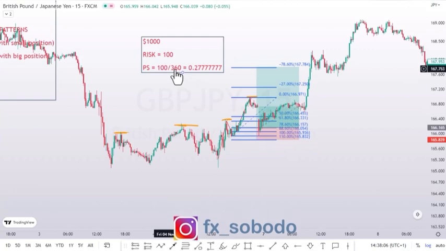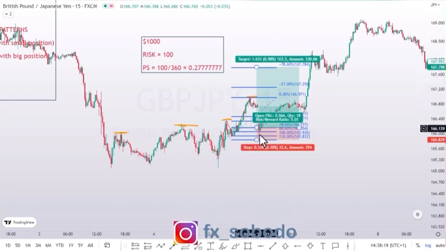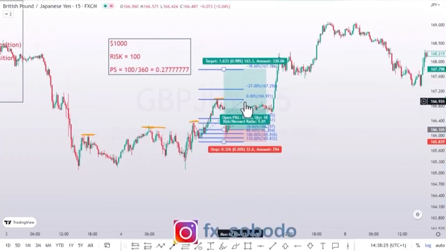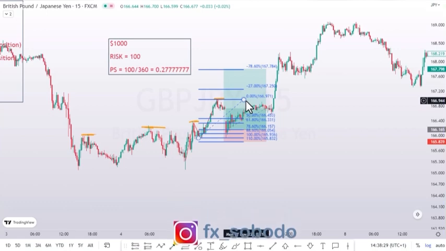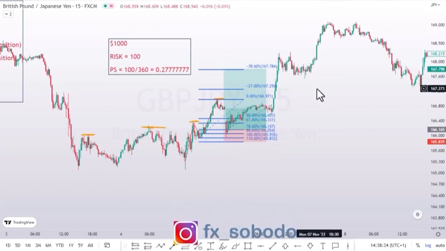Instead of 360, now you put 320 points. The answer will be your position size on entering that trade. And always make sure you take maybe a partial profit, then first TP, second TP.